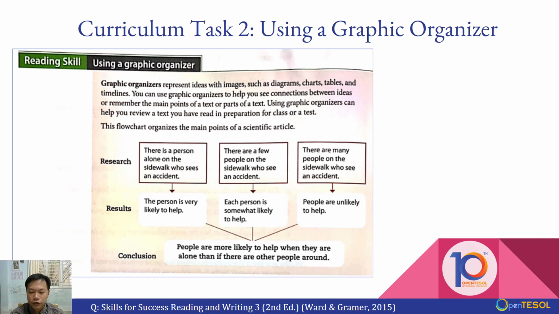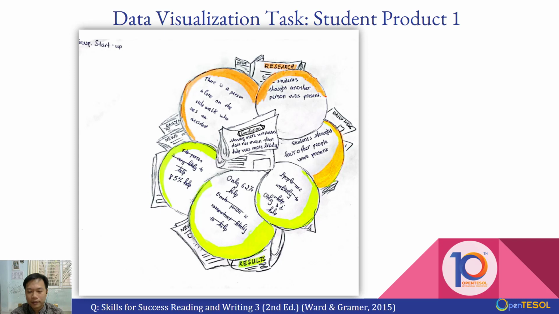So I ask students to go beyond this graphic representation. I could ask them to work in groups and to reproduce the content by visualizing data more effectively. And this is one of the first products of the startup team in my class.